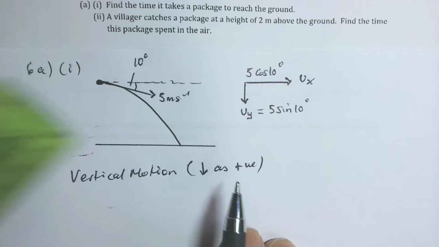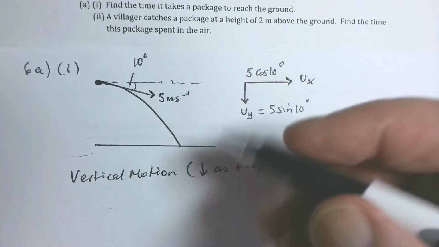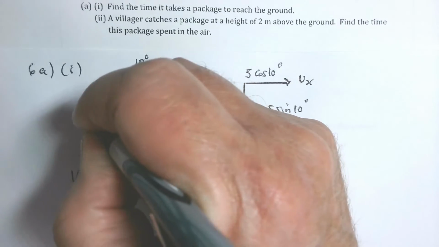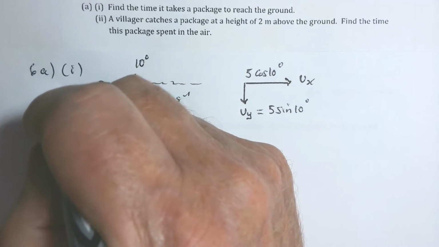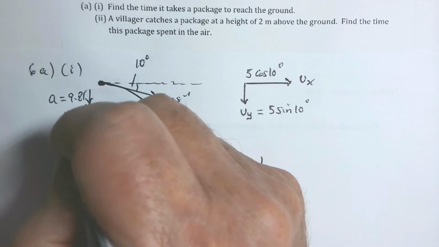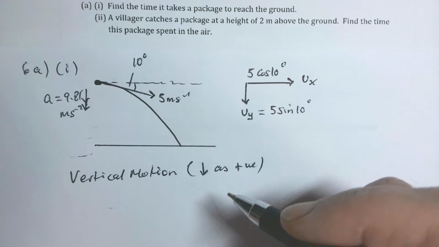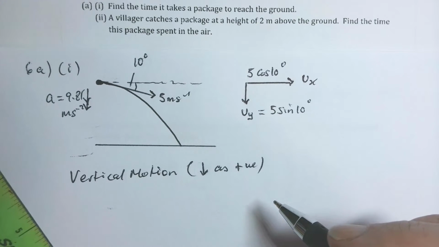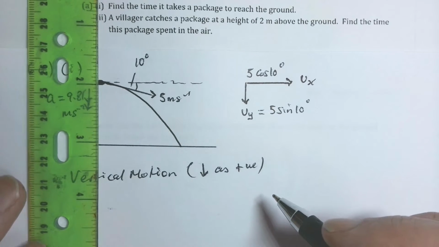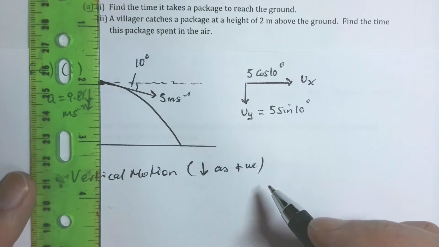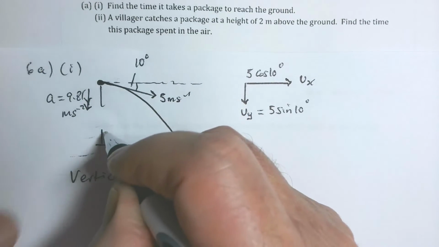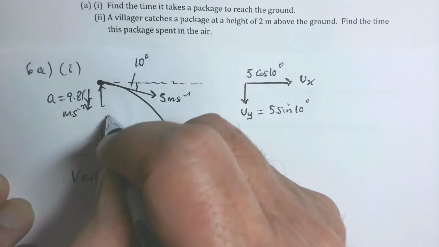Of course, the acceleration due to gravity acts downwards, so a is 9.81 metres per second squared, and we know the distance above the ground, where the helicopter is, is 20 metres. So when we come to using our suvat equations, we know s is 20 metres.